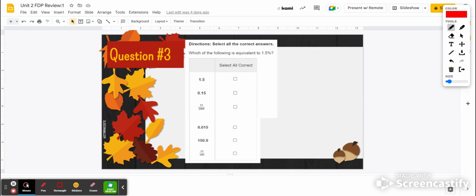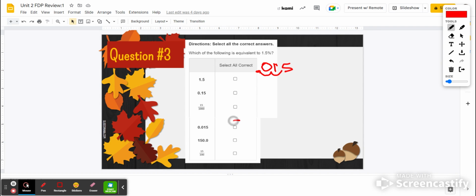Moving on to question number 3. Which of the following is equivalent to 1.5%? Well, I'm starting out with a percent, so I'm either going to decimal or to fraction. 1.5% to decimal, I move the decimal 2 spaces to the left. And now I have 0.015 or 15 thousandths.